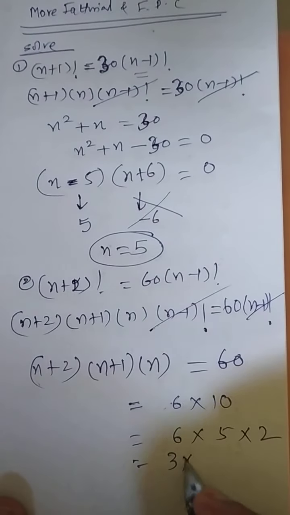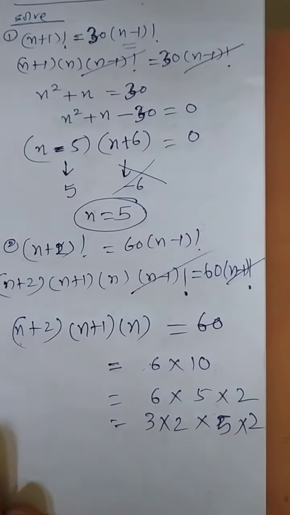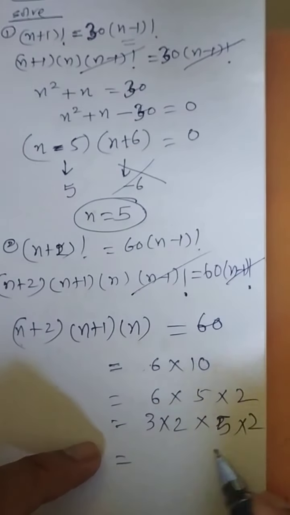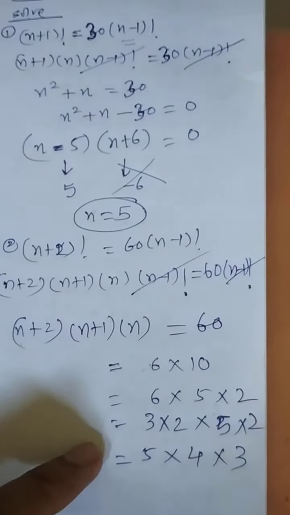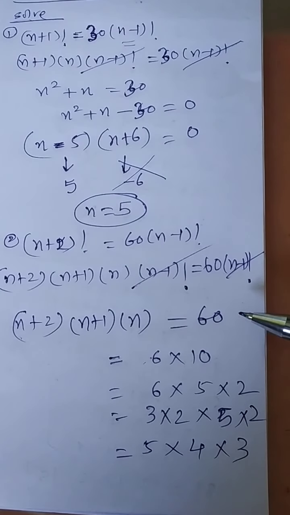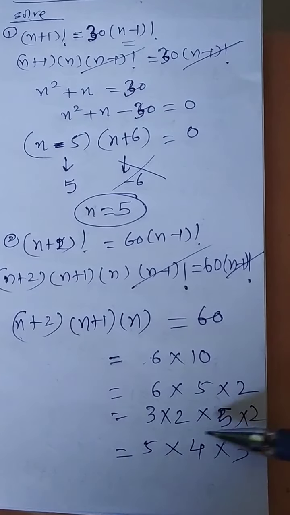I am writing here 3 into 2 into 5 into 2. I am just telling you a random approach; you will try to learn this also. Now this is 5, here it is 4, and here it is 3. What I have done in this case is write 60 as a product of these three numbers, and these three numbers are consecutive numbers.